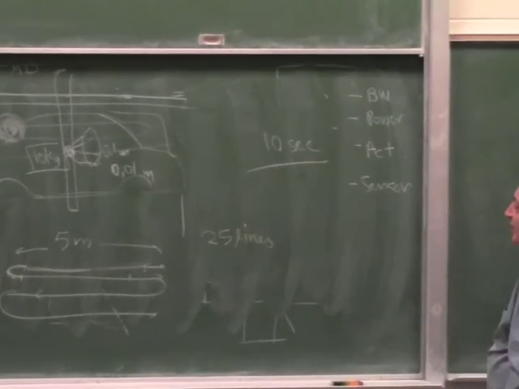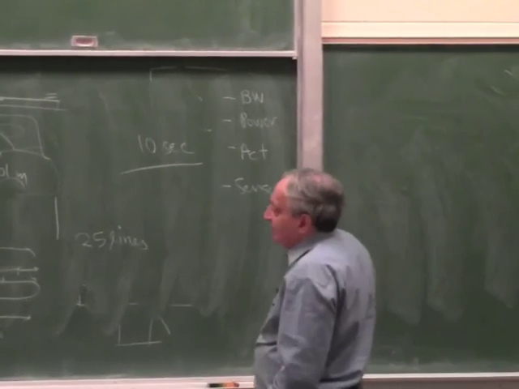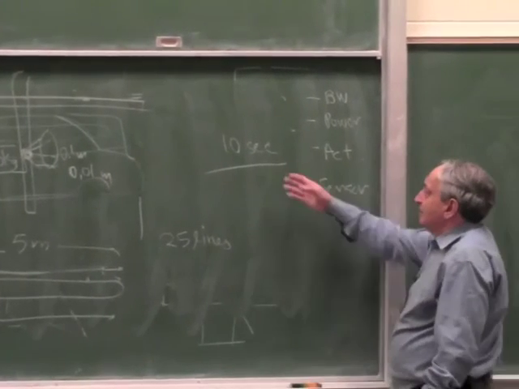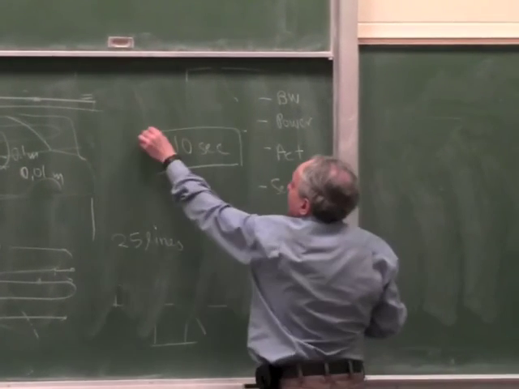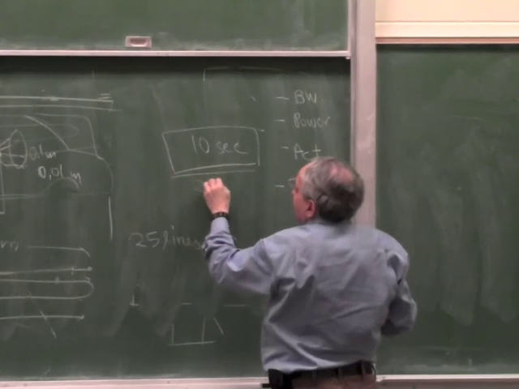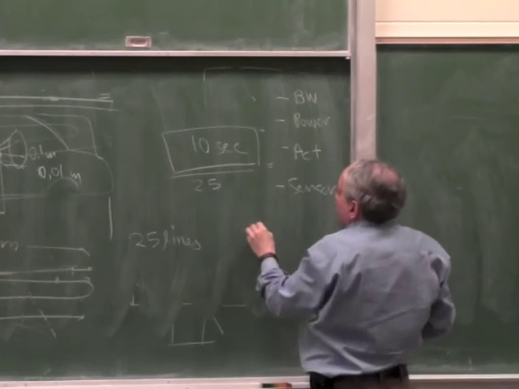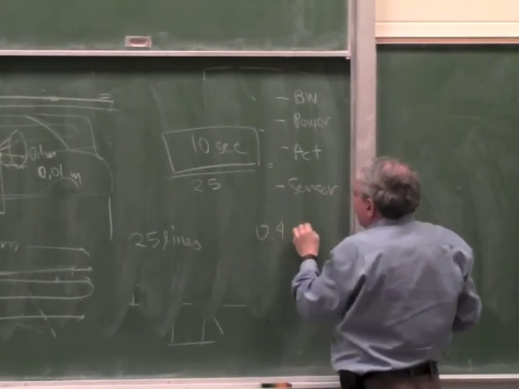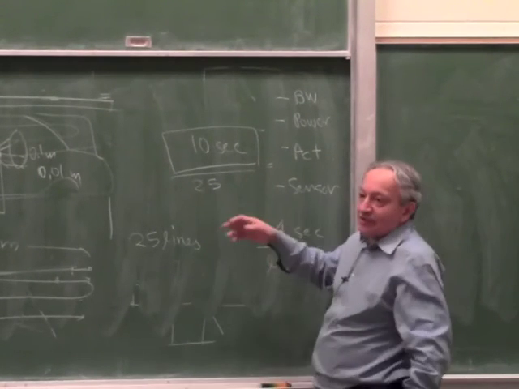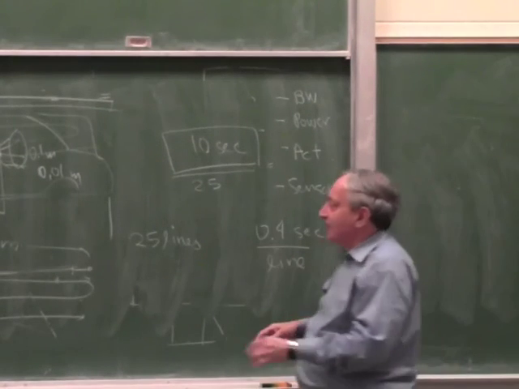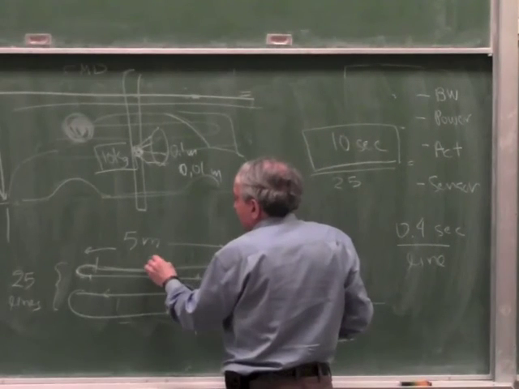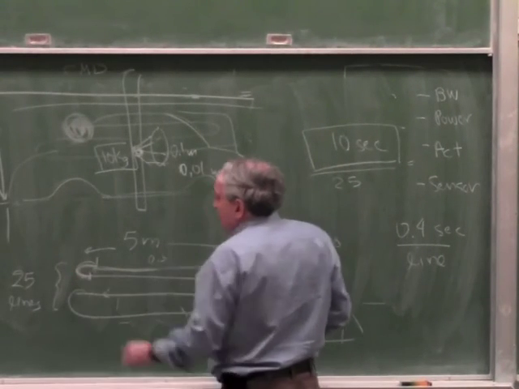So what will be the time per line? Altogether I have 25 lines and I have 10 seconds. So the time per line would be 0.4 seconds. I take 10 seconds, divide by 25 lines, so I'm getting 0.4 seconds per line. Now I arbitrarily decide that this will be, say, 0.3 seconds, and the reversal will be 0.1 second.